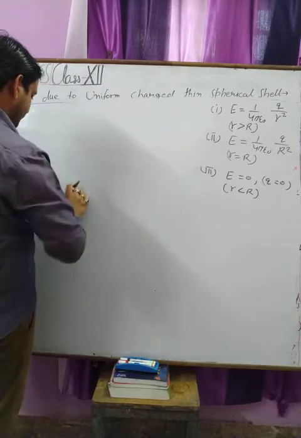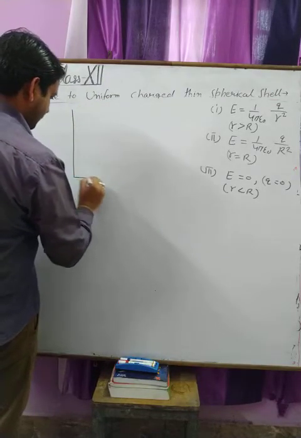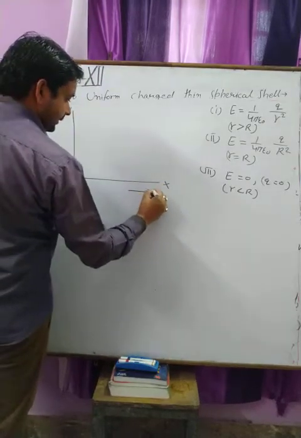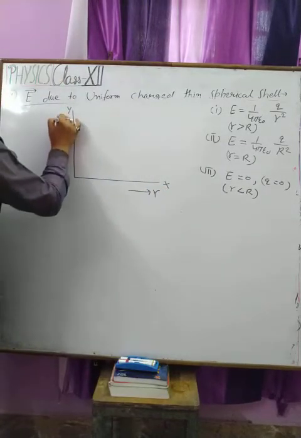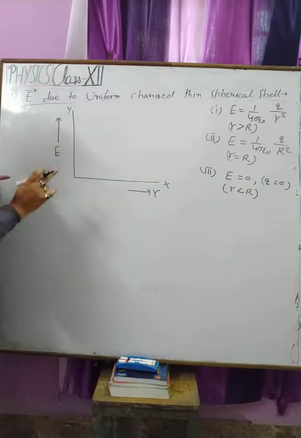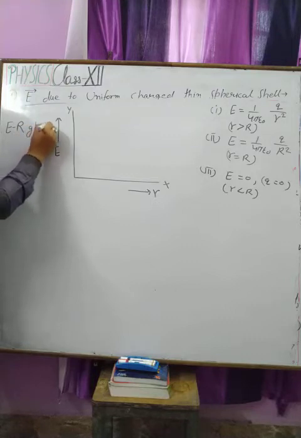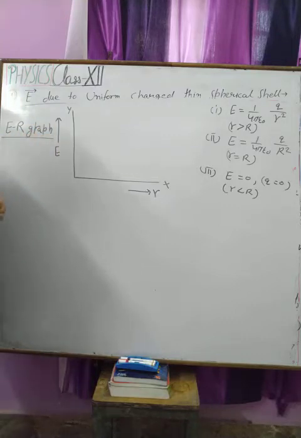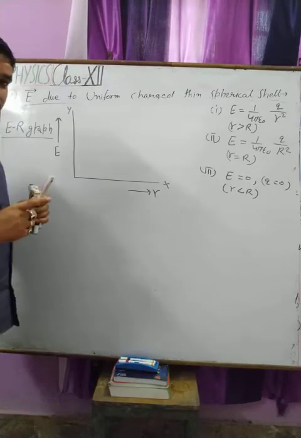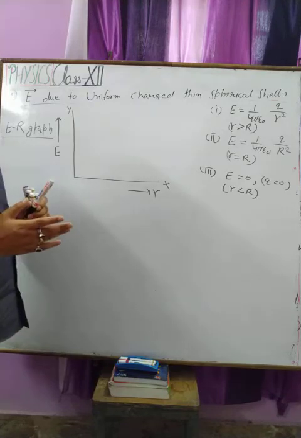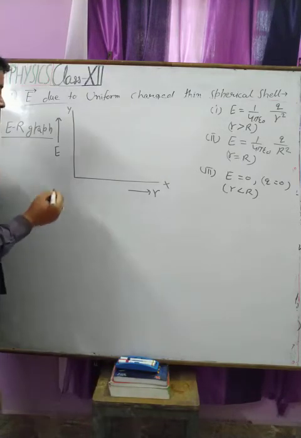Okay, now we plot these values on the graph. This is distance and this is value of electric field. So this graph is called the E-r graph, the electric field distance graph, which shows what change we see in electric field when the distance changes.